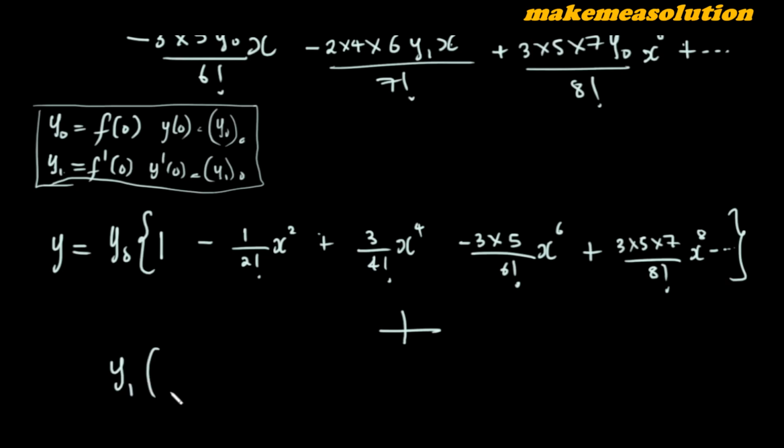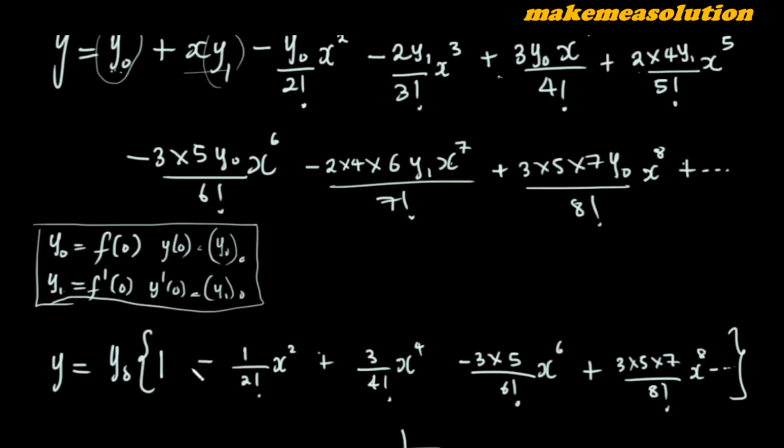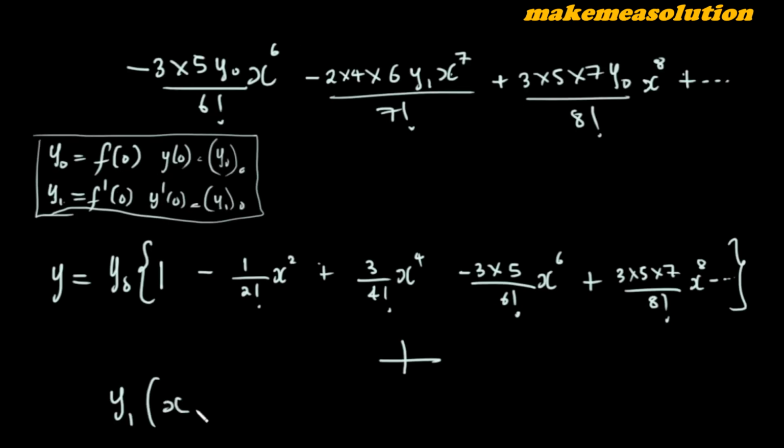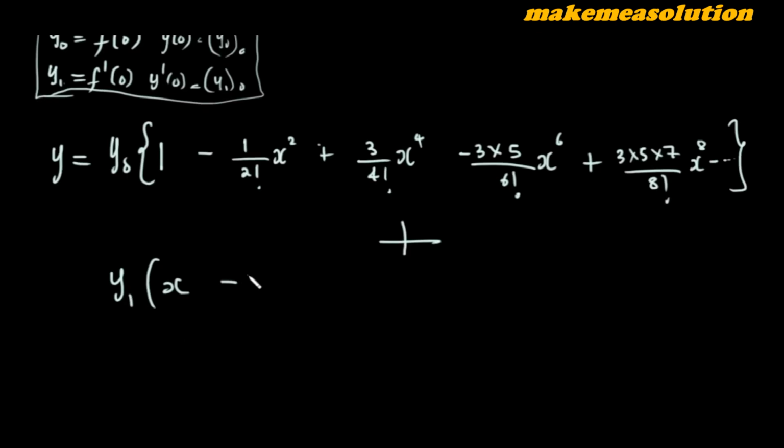So all the terms in y1, the first term is x. So when you factor it out, you get x. Then is it plus or minus? The next one is a minus. I'm factoring out y1. You'll be left with minus 2 over 3 factorial x cubed.